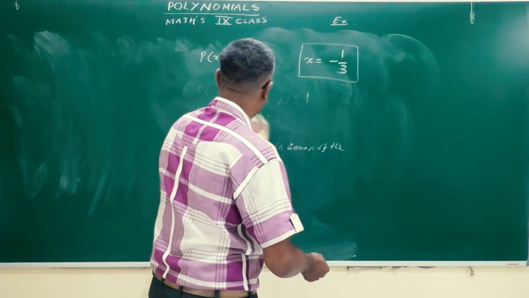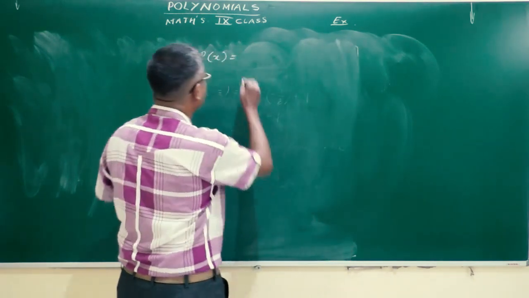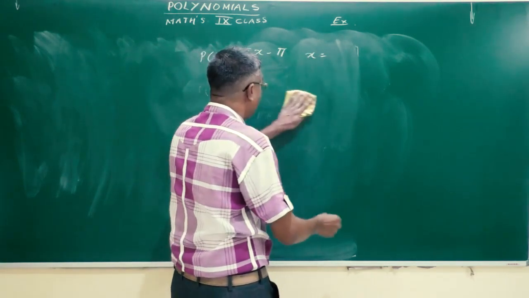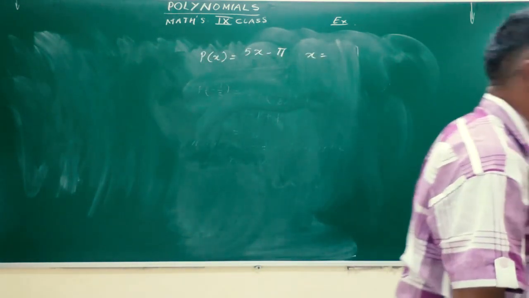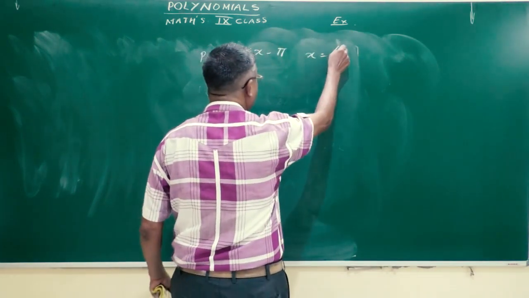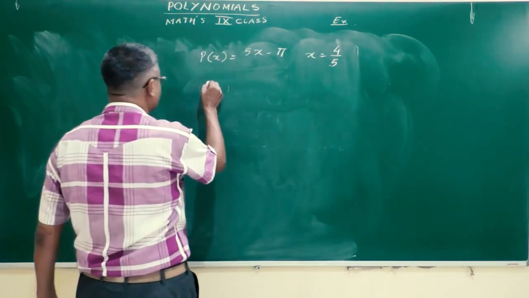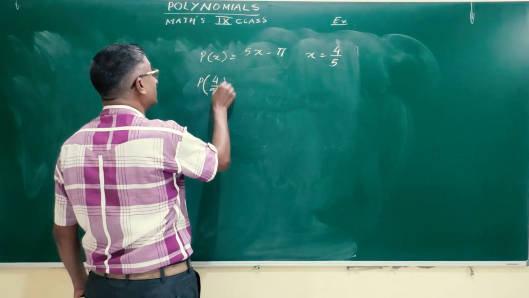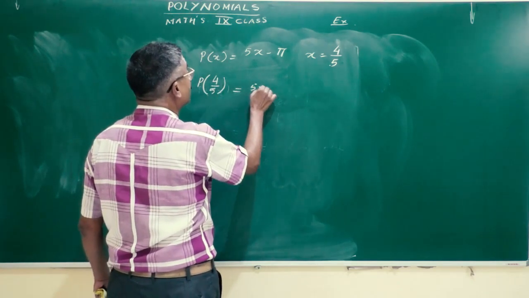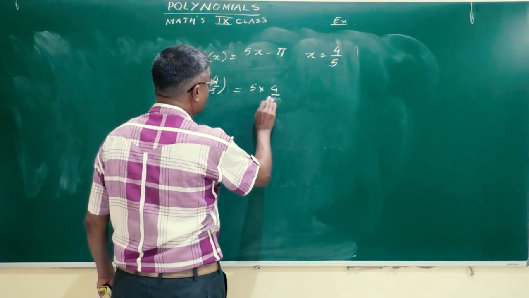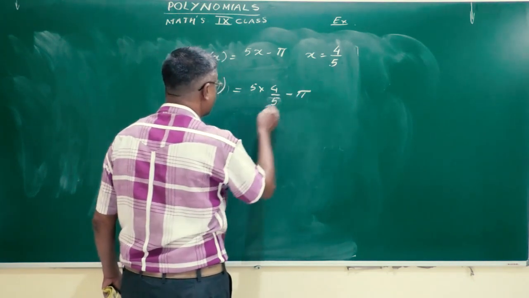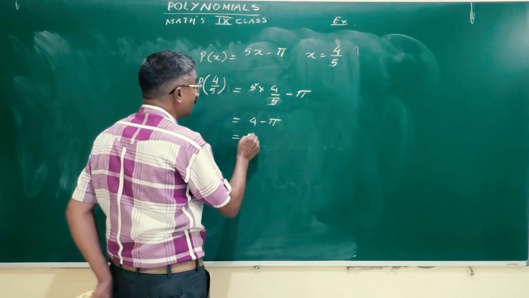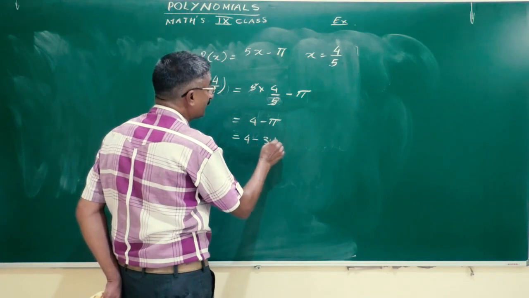Then P(x) is equal to 5x minus pi, x is equal to 4 by 5. So substituting the value of x is equal to 4 by 5, this is equal to 5 into 4 by 5 minus pi. 5 cancelled, this is 4 minus pi. It means 4 minus 3.14.